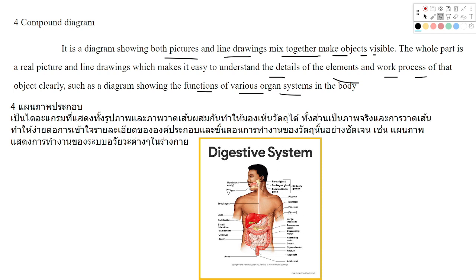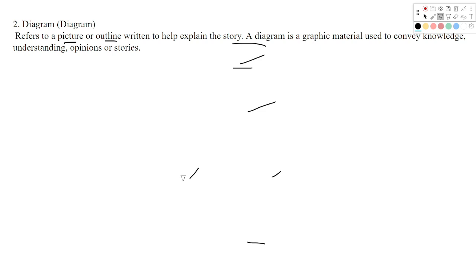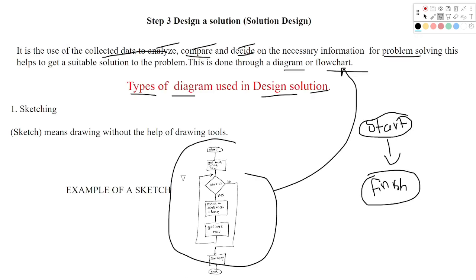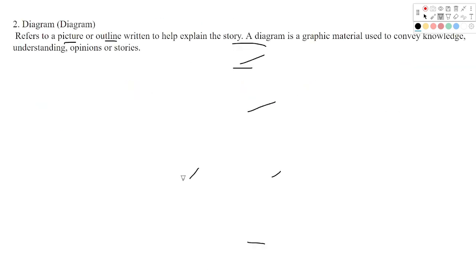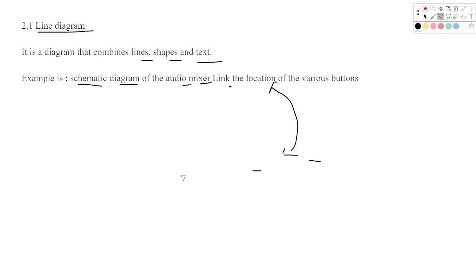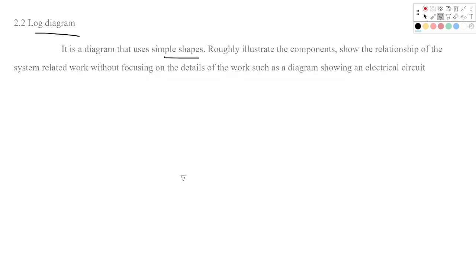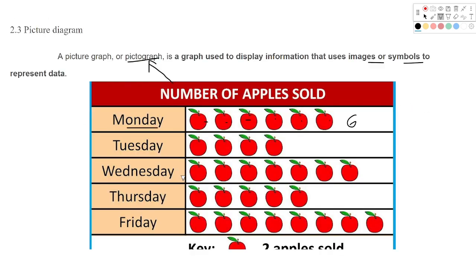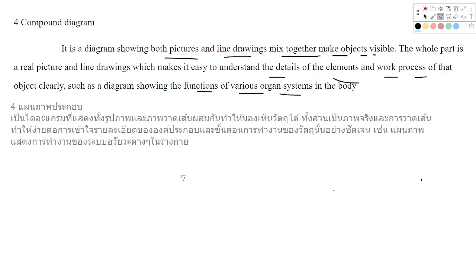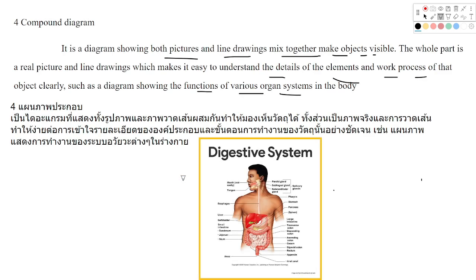So this is a digestive system showing all the organs in the body, and this is a compound diagram, okay? All these are different types of diagrams. So we have sketch, we have diagram, we have line diagram, we have block diagram, we have pictogram, and also we have the compound diagram, okay?